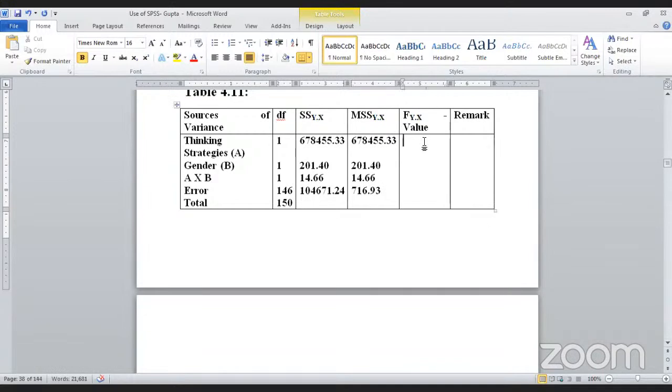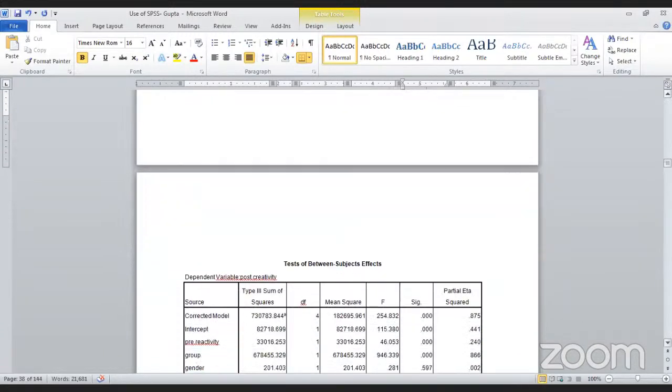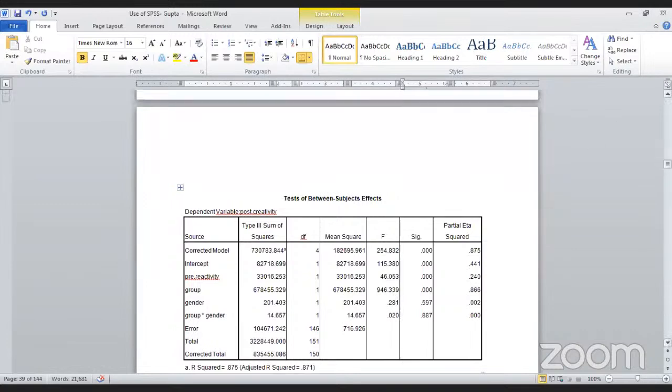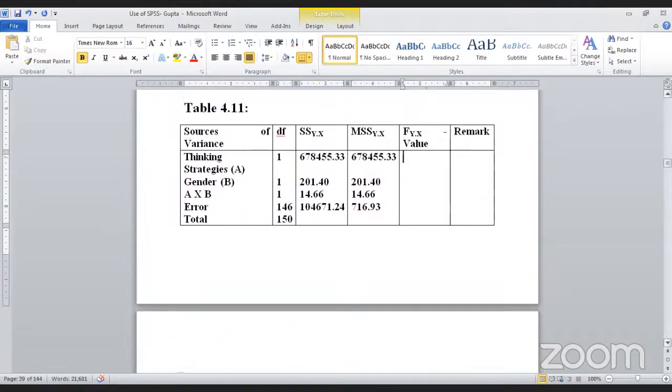Now the F value is 678455.33 to be divided by 716.93, and this adjusted F value is like this. It is 946.339, so 946.34.